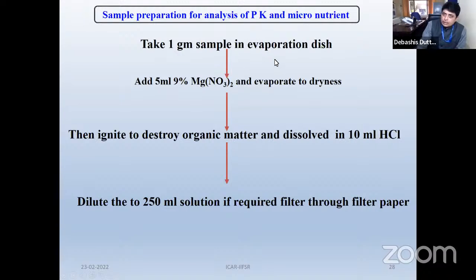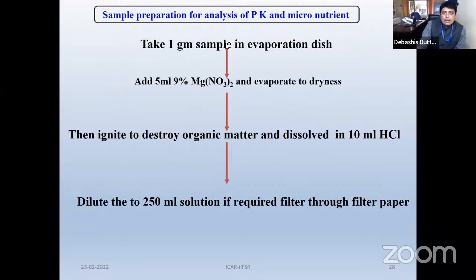And for that, we have to digest the samples. Taking 1 gram of soil sample in an evaporation dish, add 5 ml of 9% magnesium nitrate and evaporate to dryness.